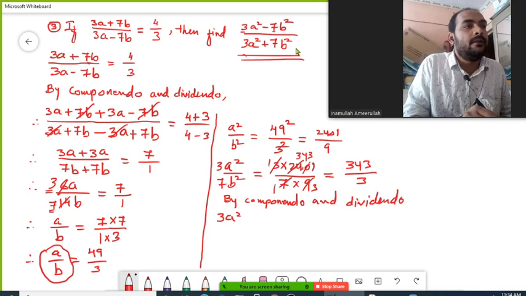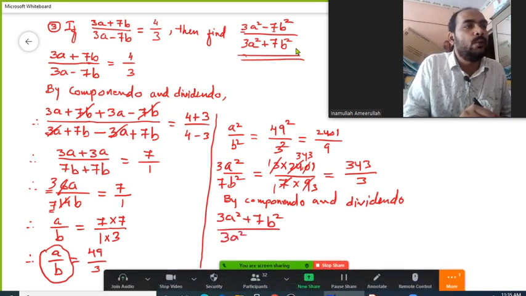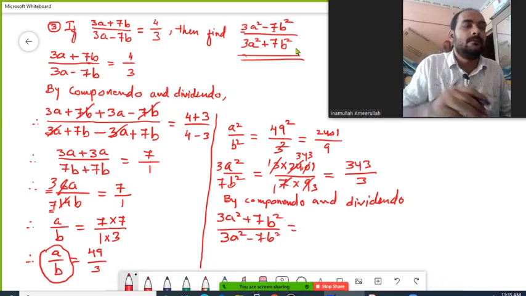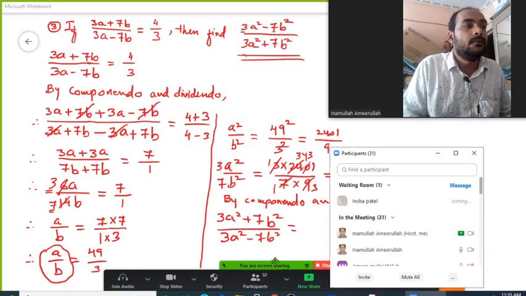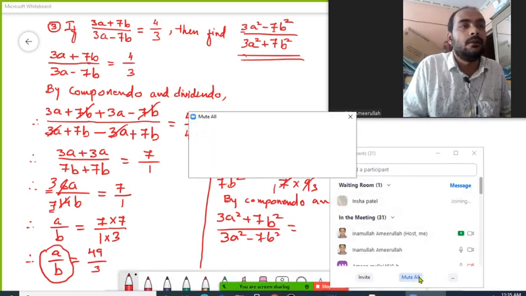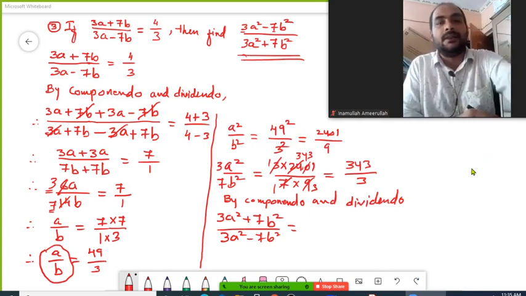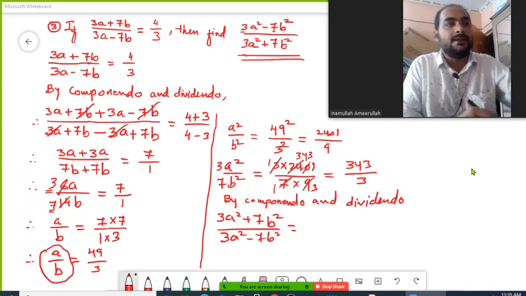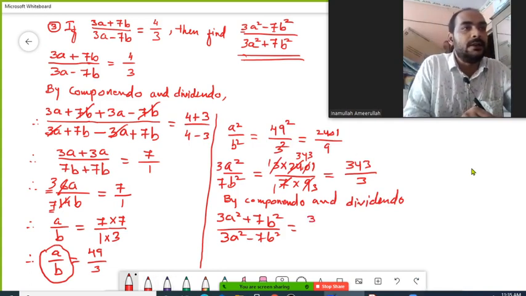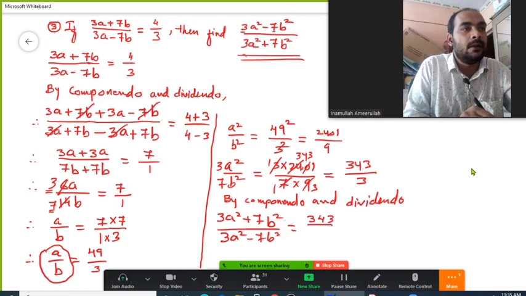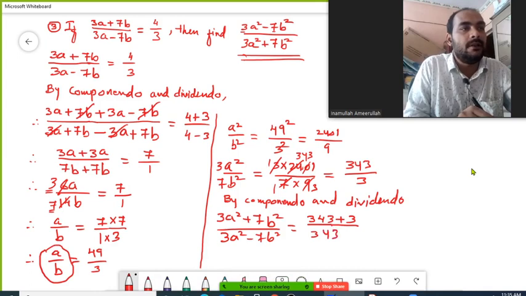3a square plus 7b square upon 3a square minus 7b square is equal to, on the other side we will do componendo and dividendo, that is 343 plus 3 upon 343 minus 3.